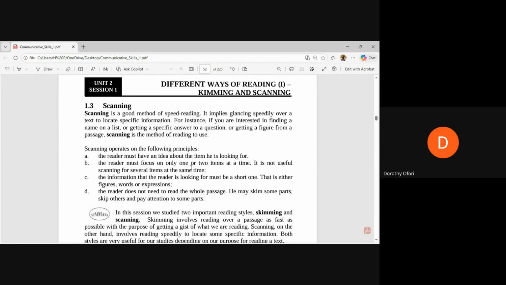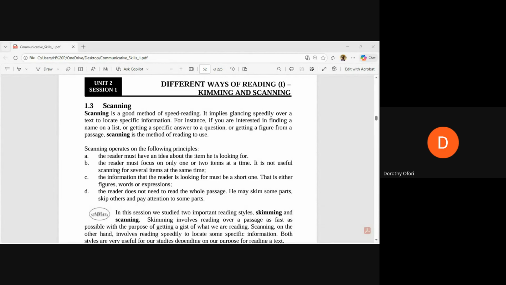So you should focus on one at a time, okay, or two at a time. Now, the third principle that you should also follow is that the information you are looking for should be a short one. When we scan, we don't really look at a long paragraph or a whole sentence, two, three, four sentences.